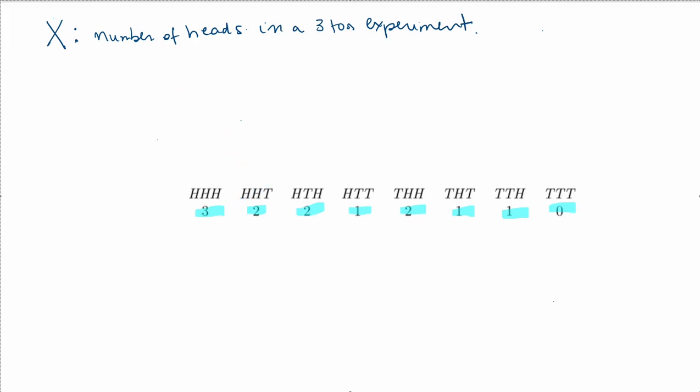So the reason that we create these variables is that they substitute the language. Before, I would say something like this: find me the probability of 3 heads turning up in a 3-toss experiment. Right?